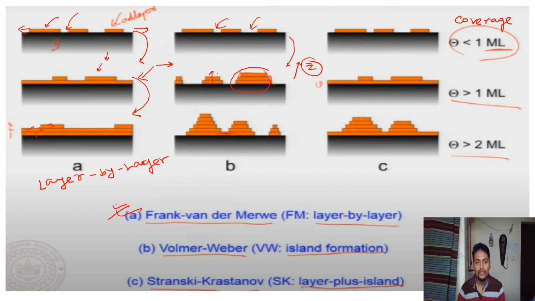Rather, there is growth in the z direction, and only above whatever is formed some kind of growth is observed. So that means the total layer is not forming. That is an island kind of formation. One island is having growth in a single direction, that is in the height. That kind of growth is called Volmer Weber growth, or island formation kind of growth. And there is also a third kind, which is a balance between both layer by layer and island.